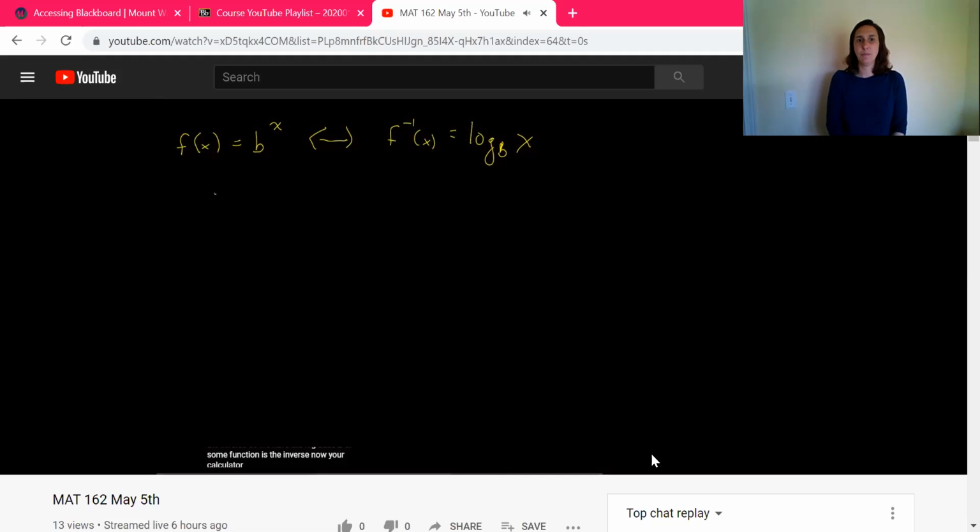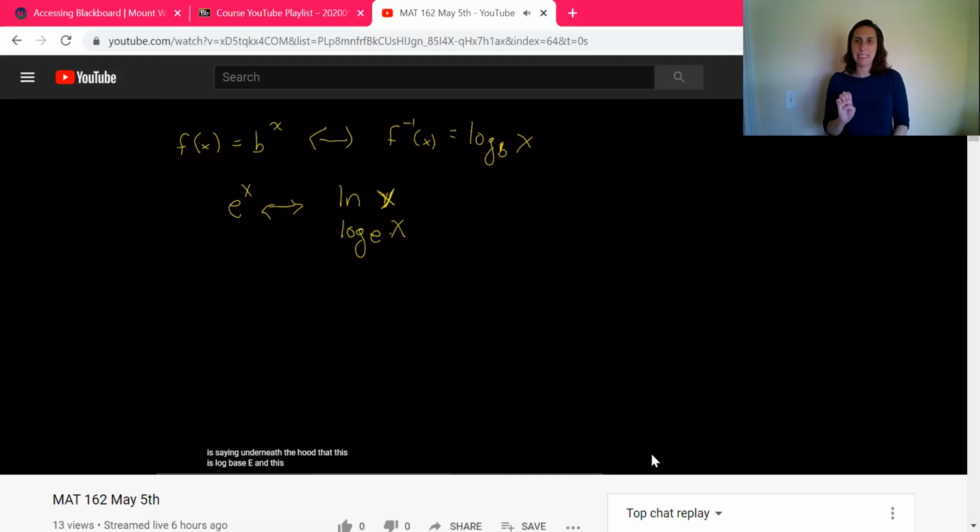Now your calculator only has two keys for these. You have an ln key. I'll keep it going left to right. So if I have e to the power, its inverse logarithm is ln. Its inverse function is ln of x. And this is saying underneath the hood that this is log base e.